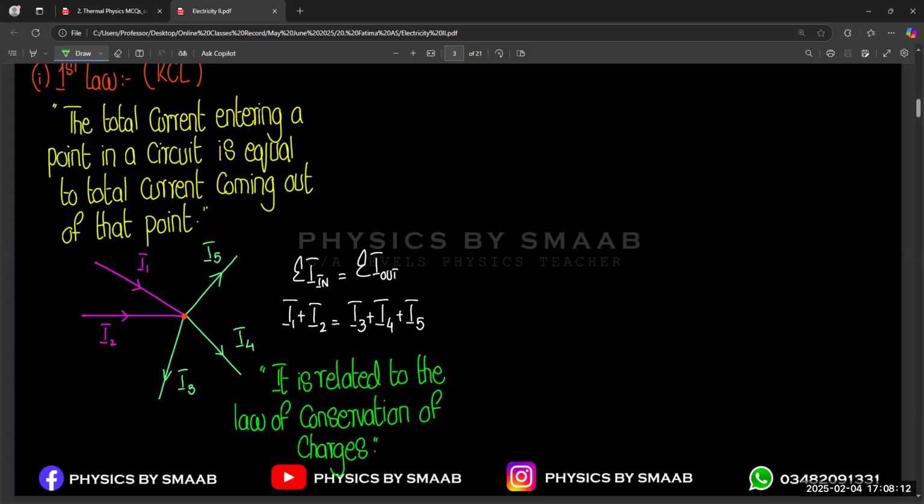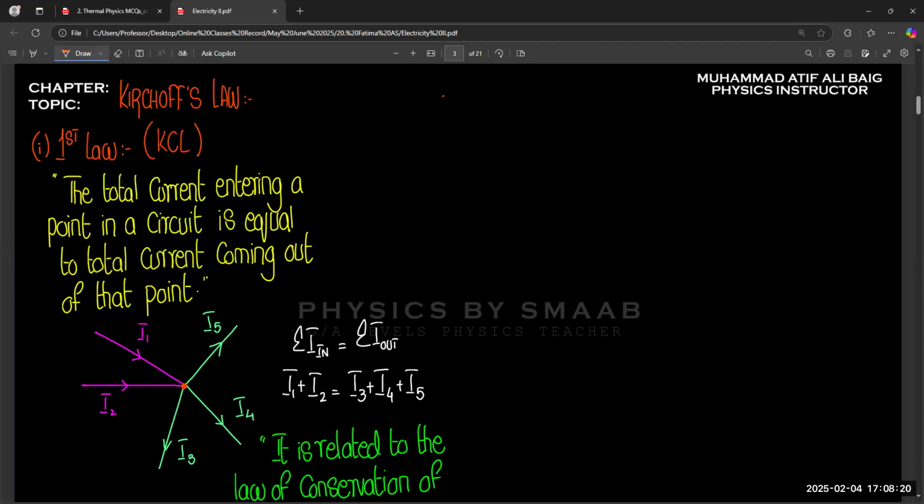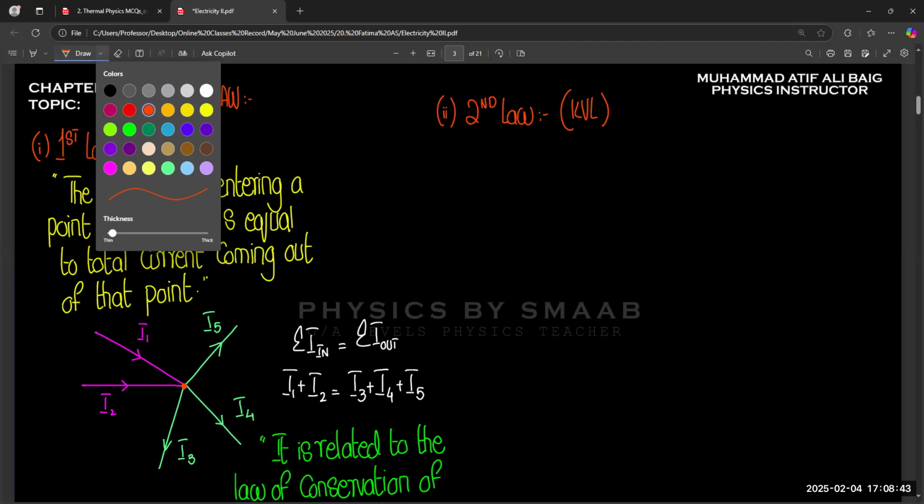And the second one is for potential difference. Kirchhoff's second law is related to the potential difference, or in short, we can say KVL, Kirchhoff's voltage law. The statement is almost the same, but we only need to replace current with voltage.